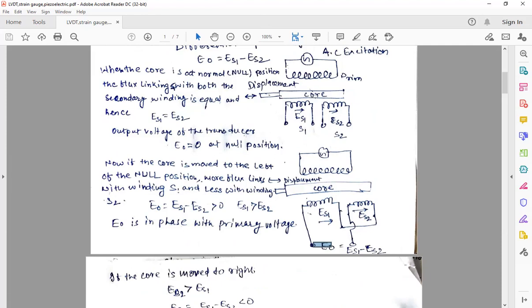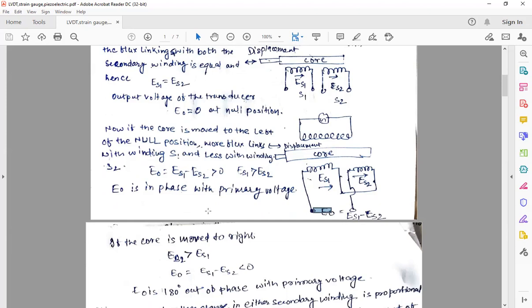If the core moved from the null point to the left, the output voltage increases because ES1 is greater than ES2. Again, if the core is moved from the null point to the right, ES2 is greater than ES1, so the net voltage again increases.